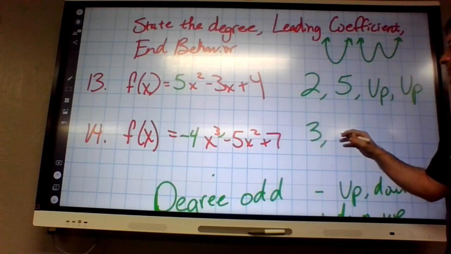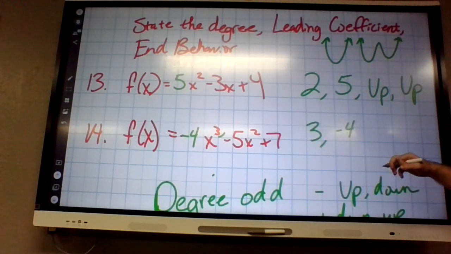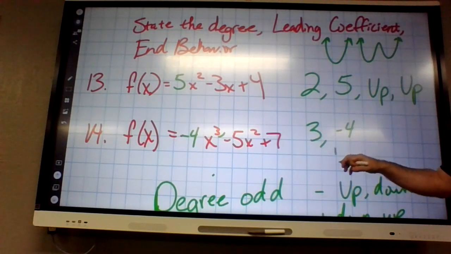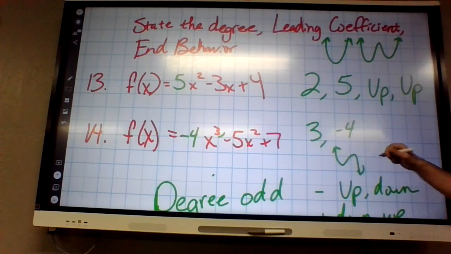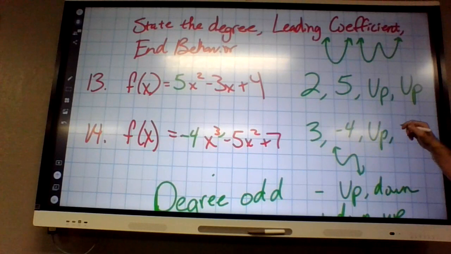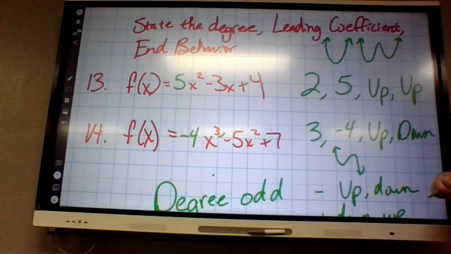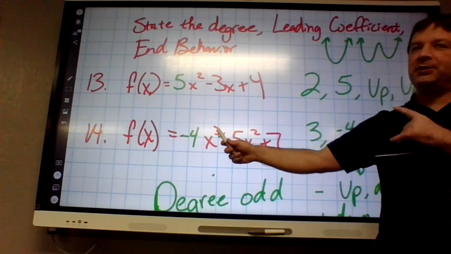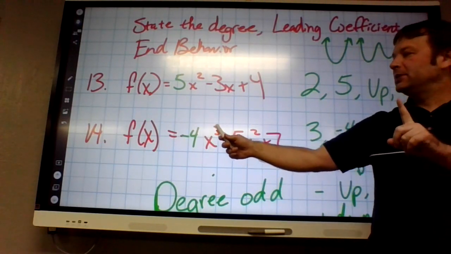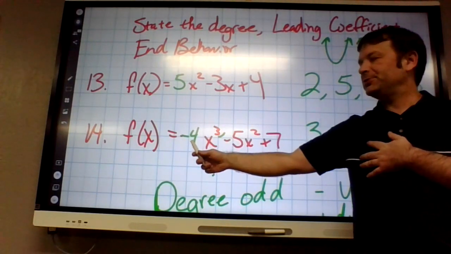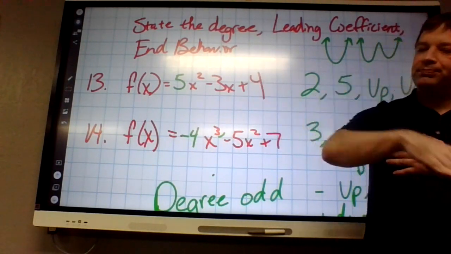Leading coefficient? -4. What's that going to look like? Up, down. Yes, odd degrees, you know it has to be up, down or down, up. Since the polynomial is negative, it's going to slide down.